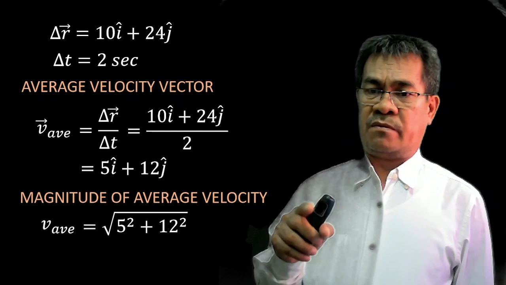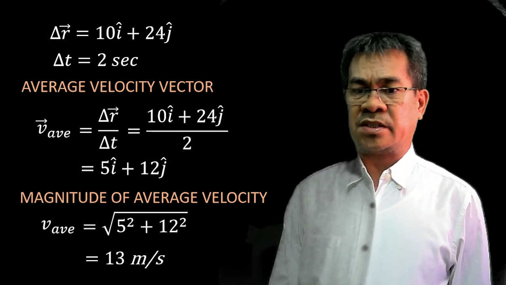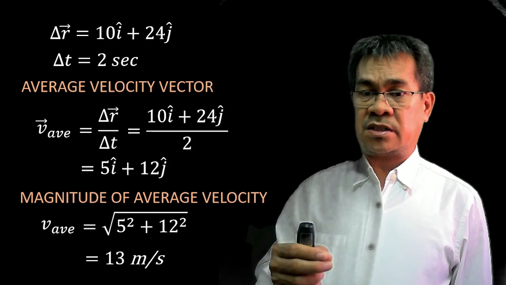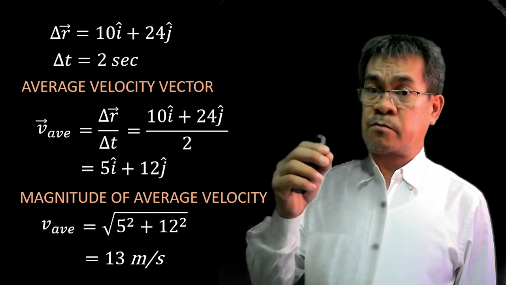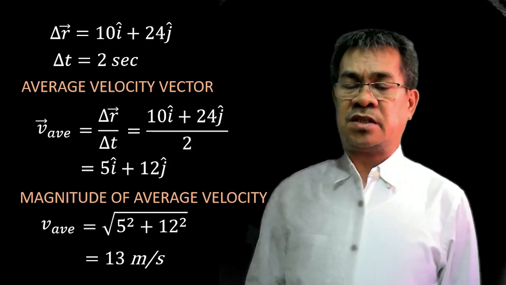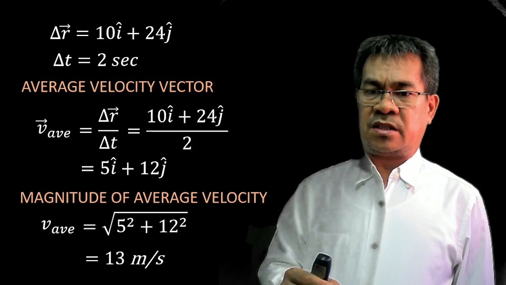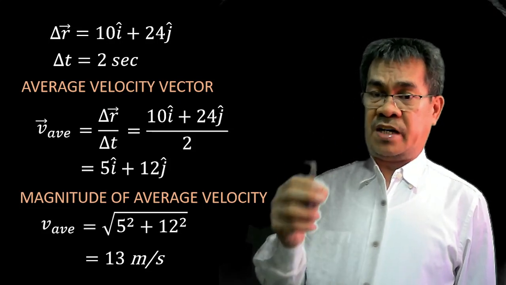So we have the square root of 5 squared plus 12 squared, and the answer is 13 meters per second. Meters per second because the position is in meters and the time is in seconds. So the magnitude of the velocity is 13 meters per second, and the velocity vector is 5 i hat plus 12 j hat.